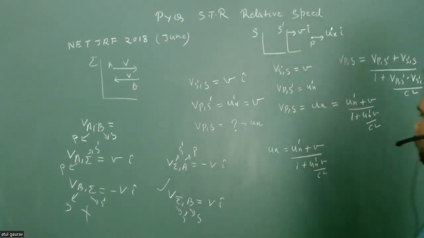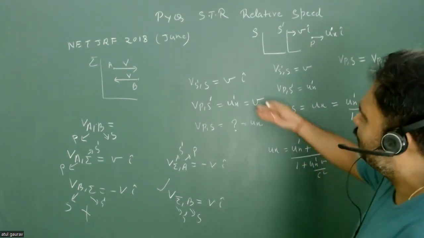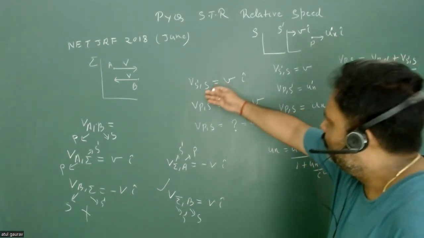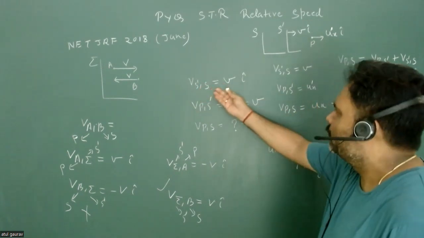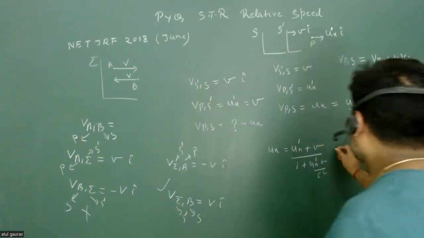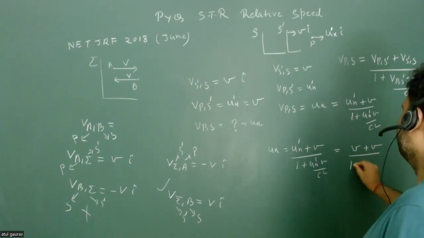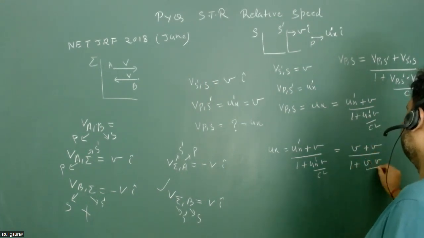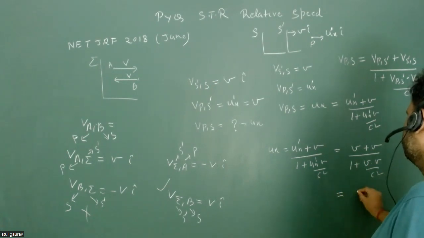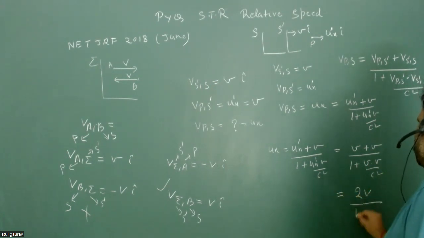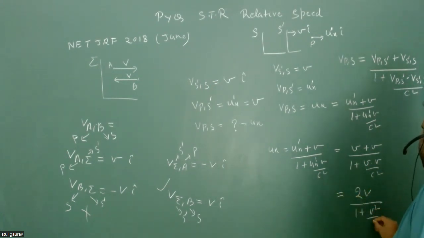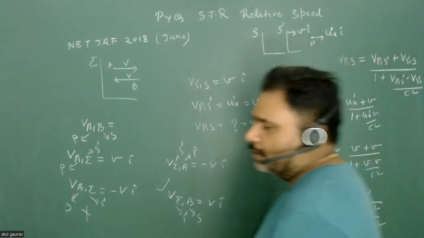Here we can put ux dash as V, and the velocity of S dash with respect to S is V. So we put (V plus V) upon (1 plus V into V upon c square). So this will be 2V upon (1 plus V square upon c square). This will be the answer.